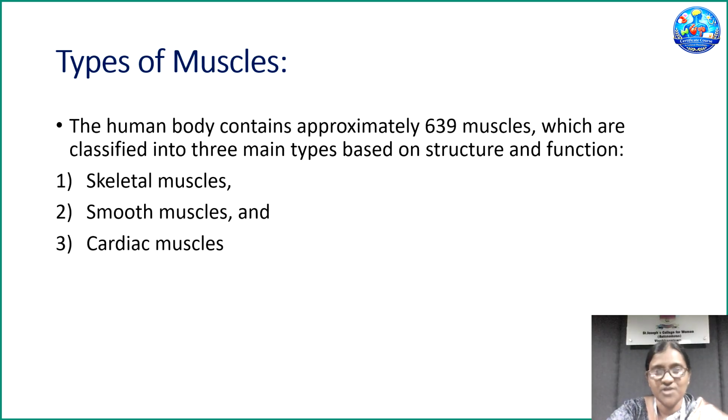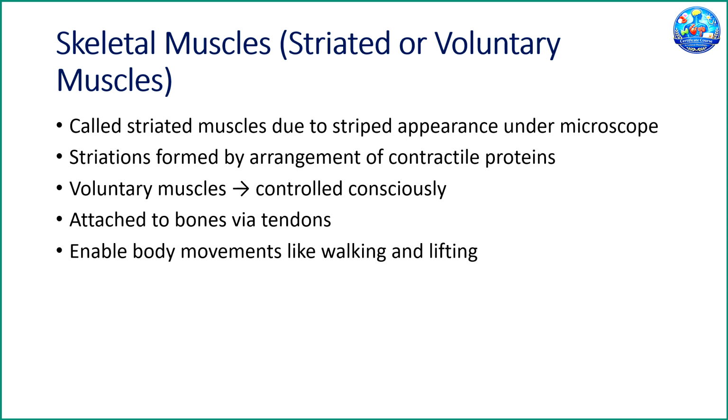Now coming to the topic, types of muscles. The human body consists of nearly 639 muscles, and all of these can be broadly categorized into three types: skeletal muscles, smooth muscles and cardiac muscles. The first category is skeletal muscles, which are also called striated muscles or voluntary muscles.